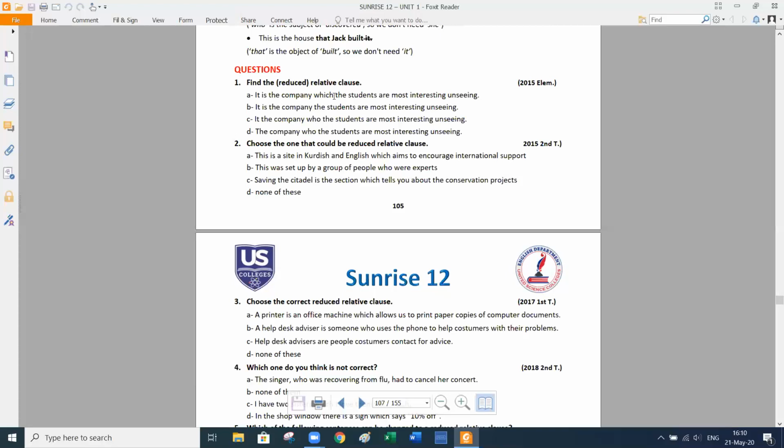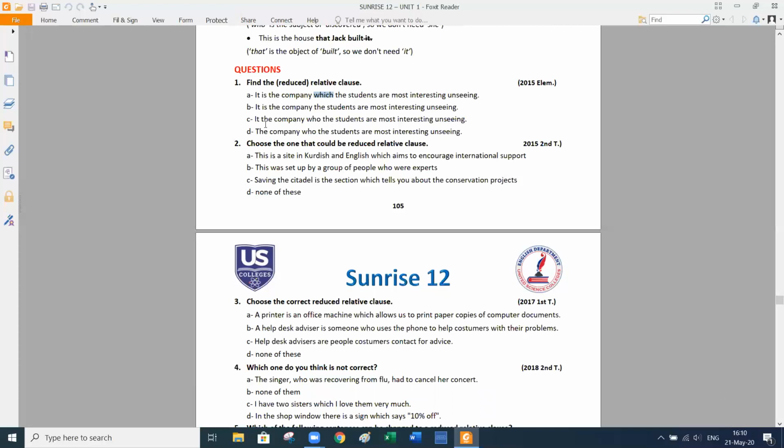So the first one is not reduced because there is the relative pronoun here. Okay, the students is the subject and which is the object. We can reduce this relative clause, but it is not reduced because the relative pronoun is still in the sentence here. So this is not reduced, but it can be reduced because the relative pronoun is the object.